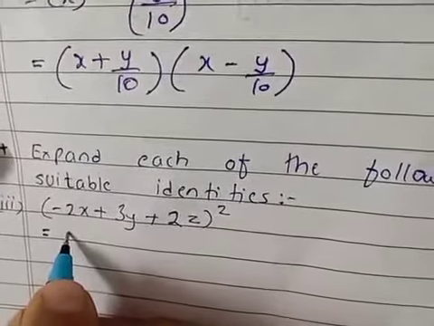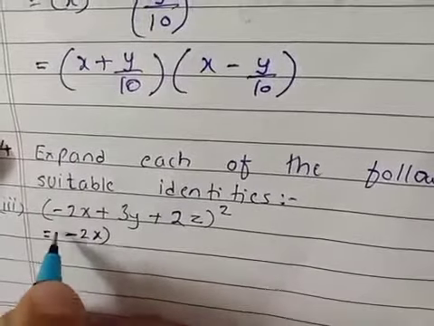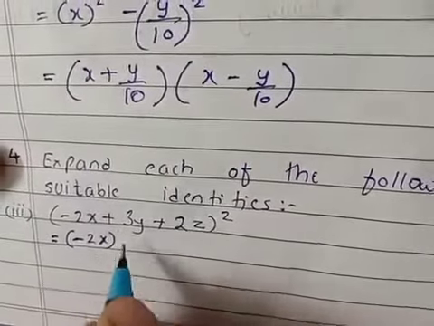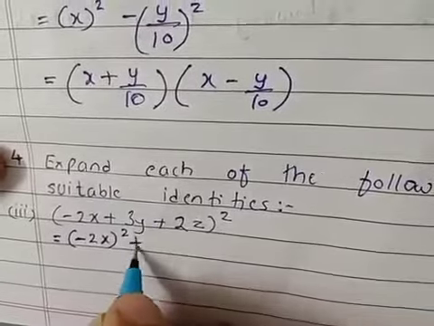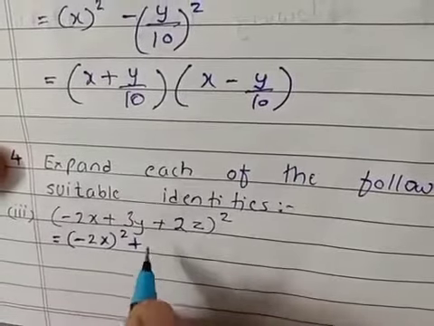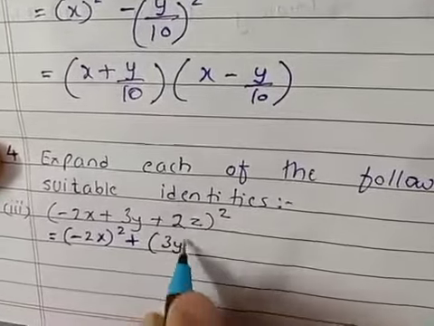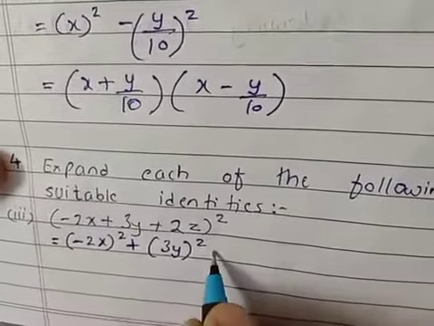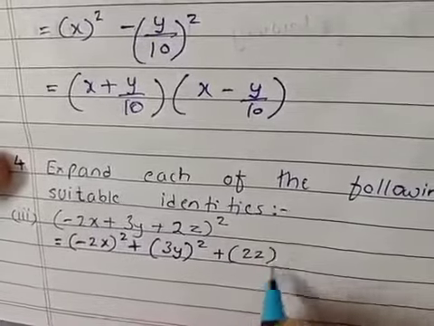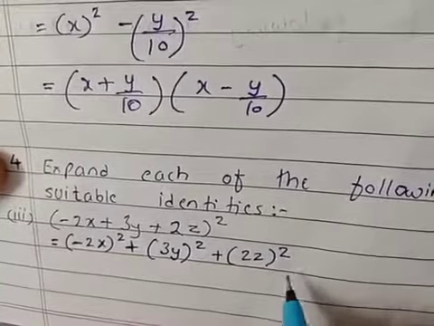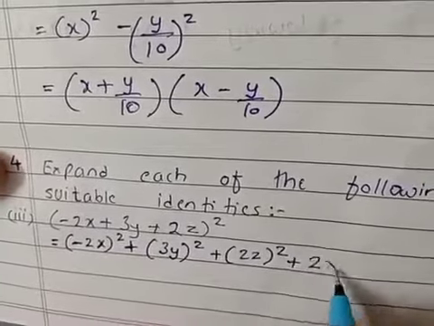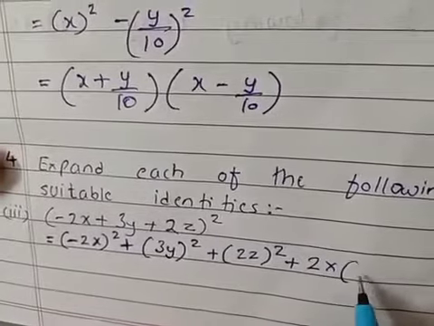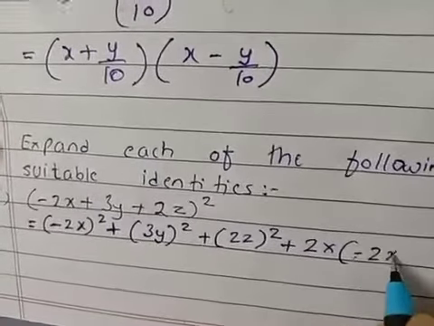It is minus 2x. a square plus b square. What is b square? 3y square. And what is c over here? 2z. So it will be plus 2z square plus 2 into a into b, that is 2 into minus 2x.